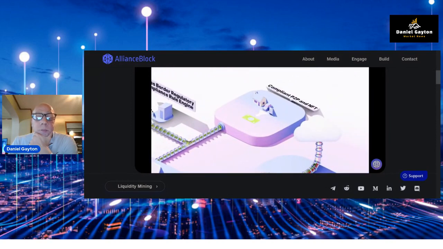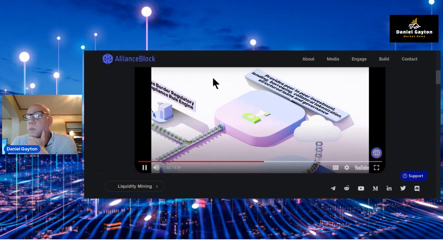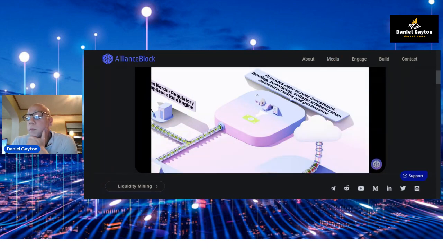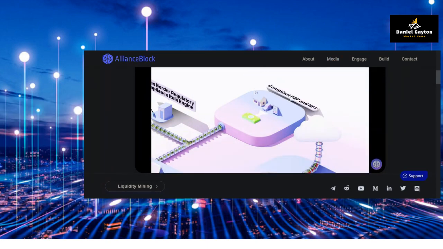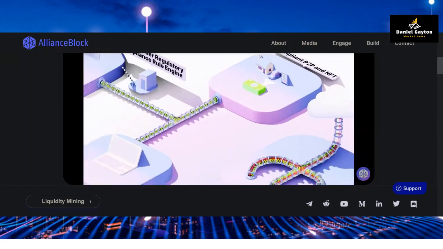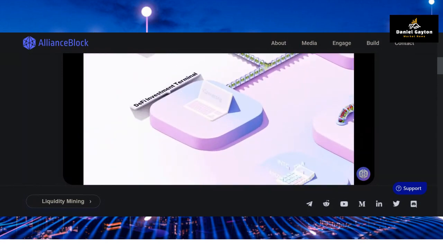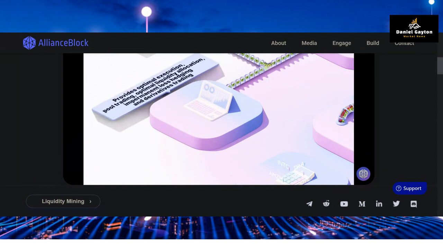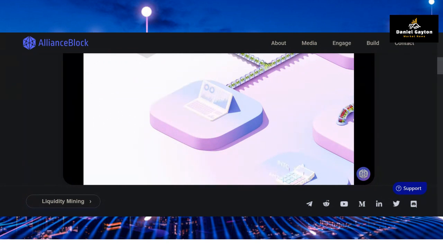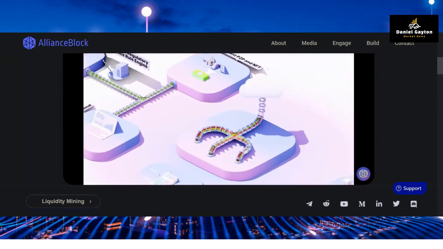This includes products such as our compliant peer-to-peer lending, borrowing, and investment protocol, which will allow the likes of wealth managers to digitize real-world assets and have investors lend against them. It will also feed into our DeFi investment terminal, which will give users access in real-time, granular, and actionable blockchain data, and aims to be the DeFi Bloomberg terminal.